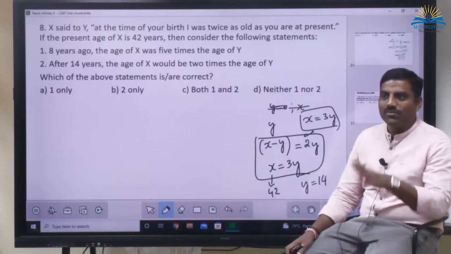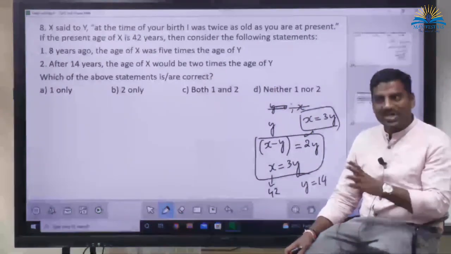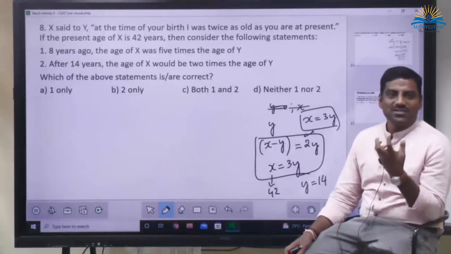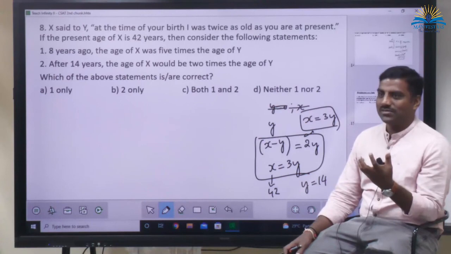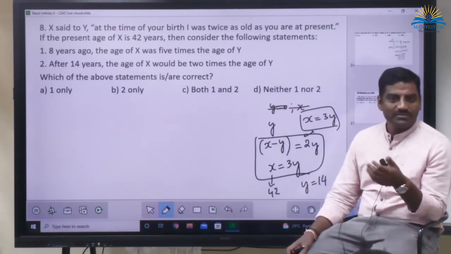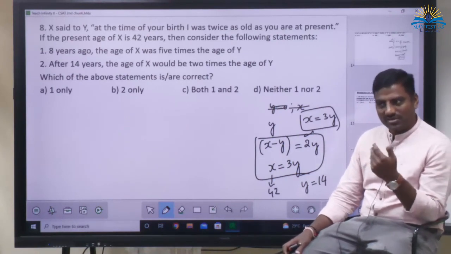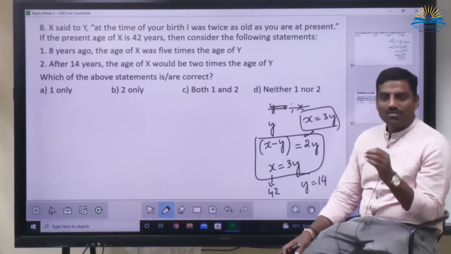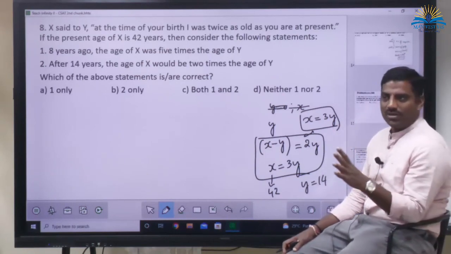So there is no time bar for learning. You can start learning. Get your basics strong. Otherwise, whatever dreams we are seeing, all of us, it is simply a waste of time. Be strong in your basics. Work on your basics.